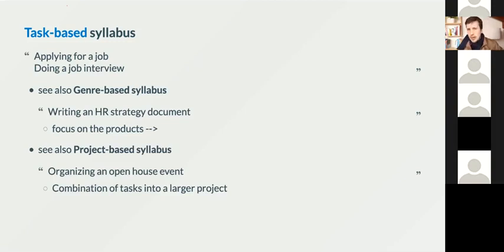And you can also have a project-based syllabus, which is really similar to the task-based syllabus. You put your task into a bigger project that will combine multiple tasks. All this is possible. I'm just mentioning these as possibilities.